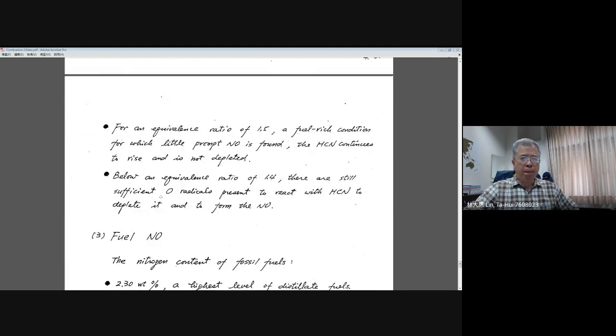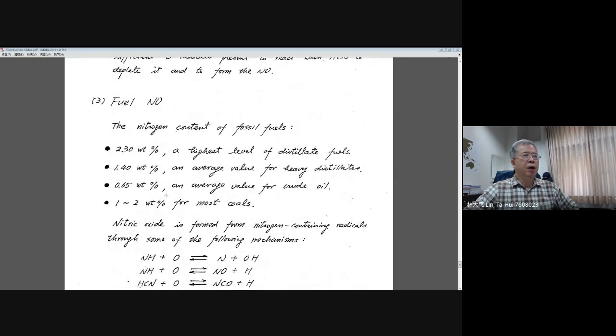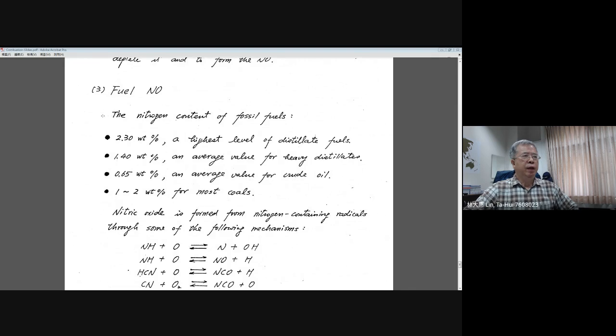Okay. Final part for the NO, we talk about the fuel NO. Basically, those fuel NOs come from the different kinds of fossil fuel. In general, for highly stable distillate fuels, they will contain 2.3 weight percent nitrogen content. And if you look at the average value of heavy distillates, then the weight percent will reduce, down to 0.65 for crude oil.